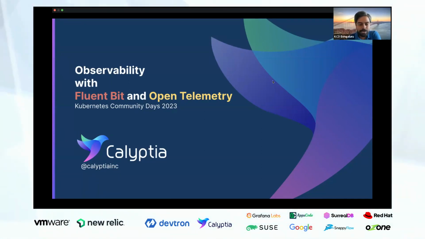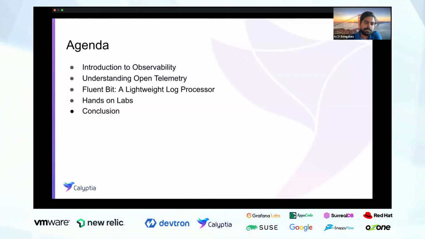That being said, the agenda of this workshop is that we'll do a brief introduction to observability, and understand the Open Telemetry ecosystem and what it is. I know someone just said that Open Telemetry is more about tracing, and in other workshops as well, I have seen people think Open Telemetry is like a backend.